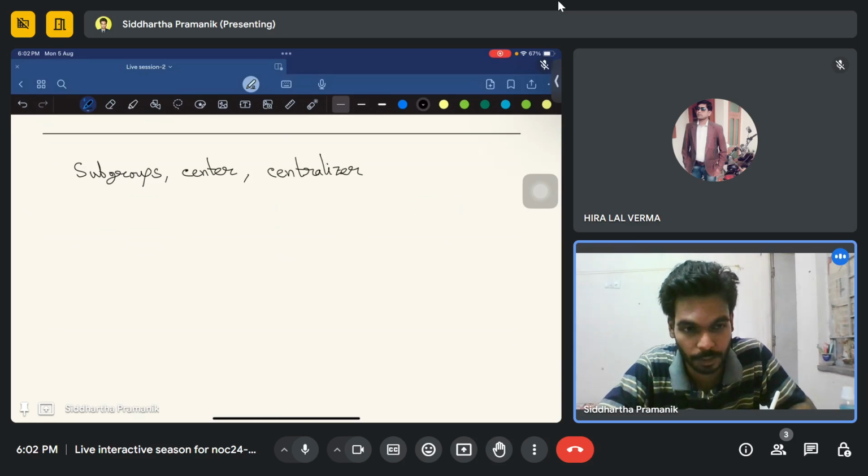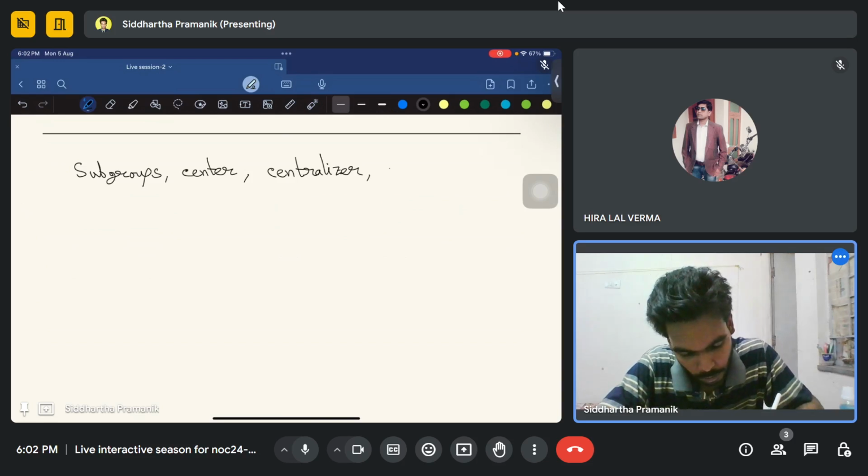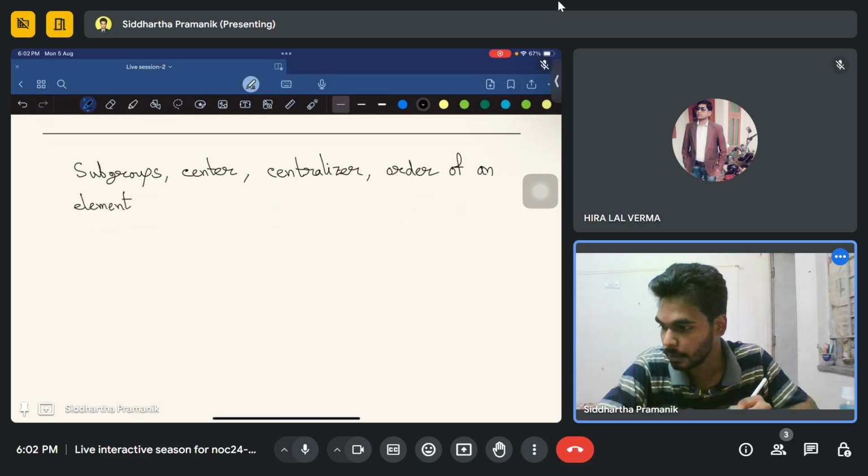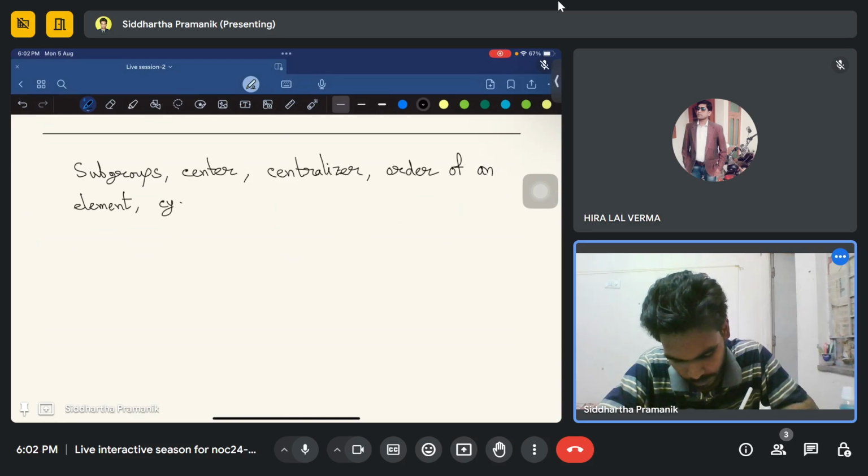This is also a subgroup, and we saw how to define the order of an element. And we saw some special type of groups, which are known as cyclic groups.